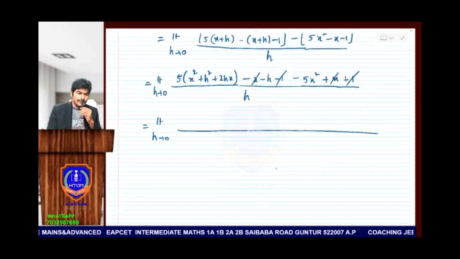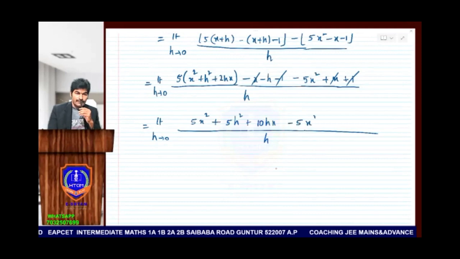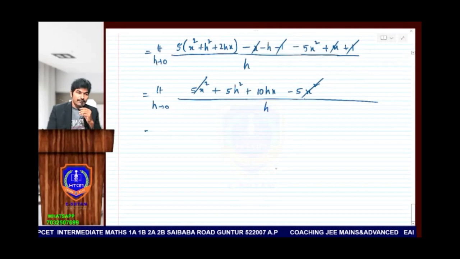That's the thing. Write down the denominator h first and multiply with 5. 5x square plus 5h square plus 2 fives are 10hx minus 5x square. Minus 5x square plus 5x square got cancelled. And what is left? Take h as a common factor from the terms.